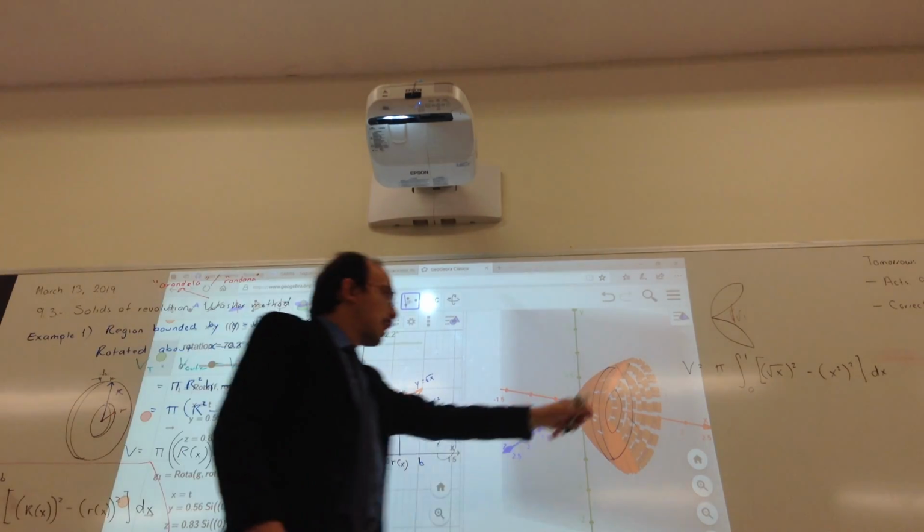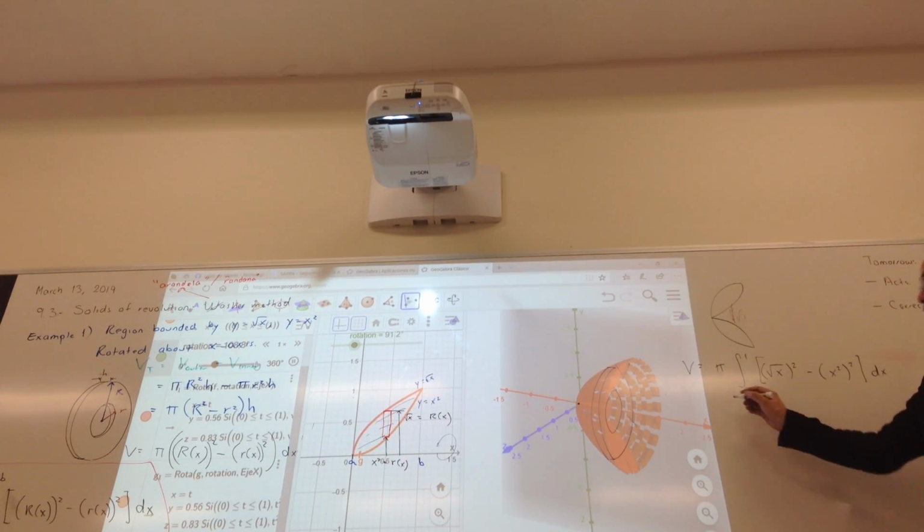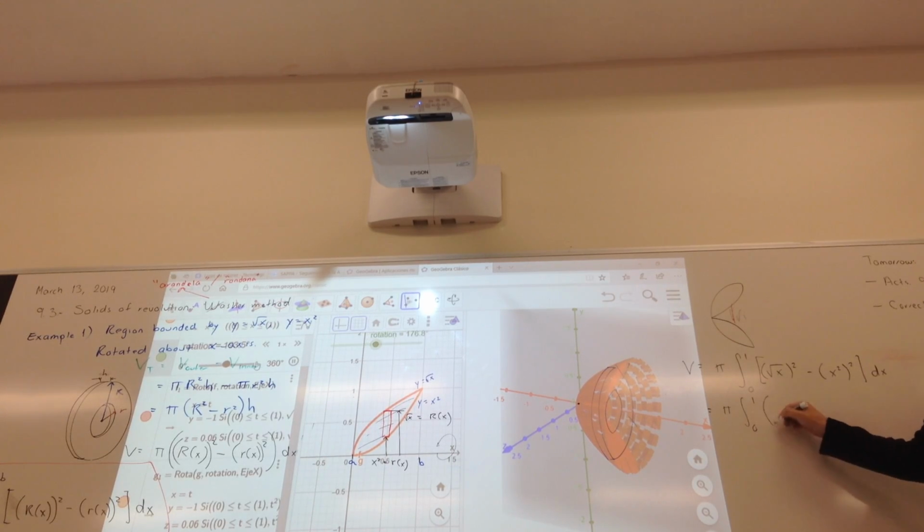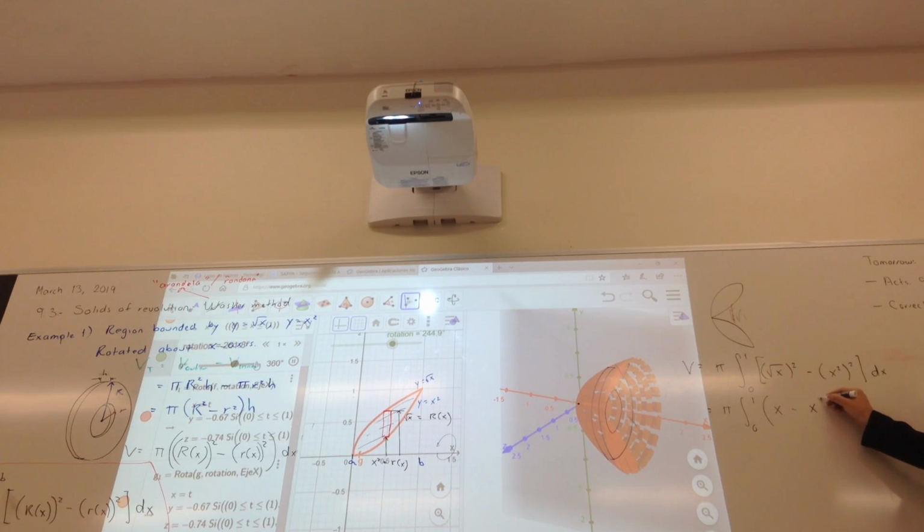Exactly. And then just solve it. Can I simplify this? Yeah, so pi integral from 0 to 1 of square root of x to the square, x minus x to the 4 times dx. And then integrate that. So it's going to be pi, x to the square over 2 minus x to the 5 over 5, between 0 and 1.